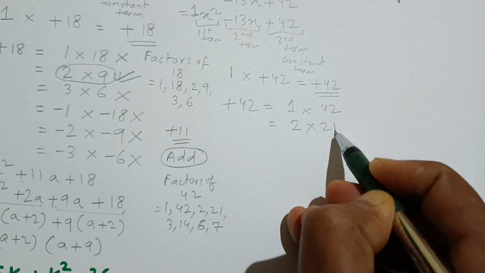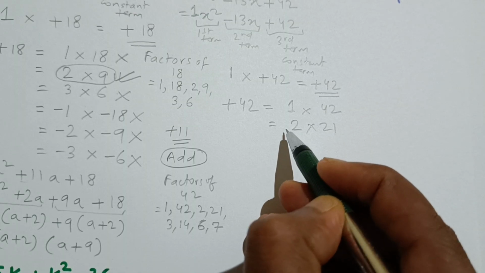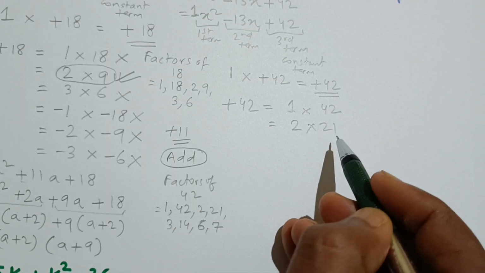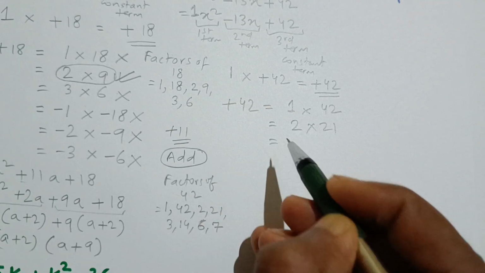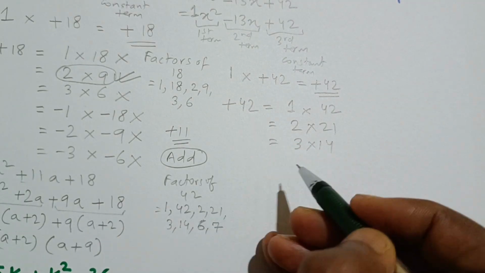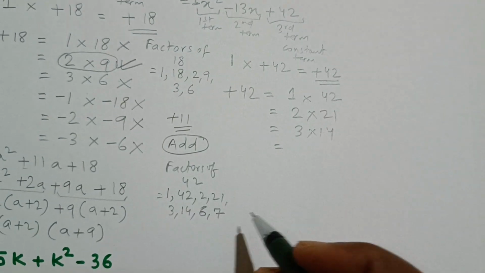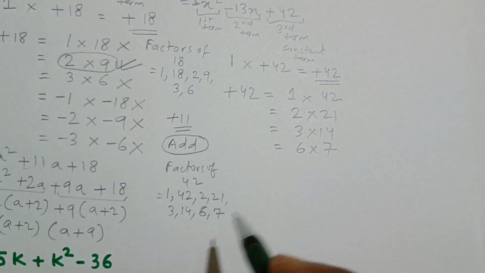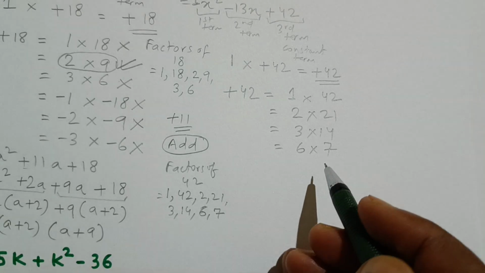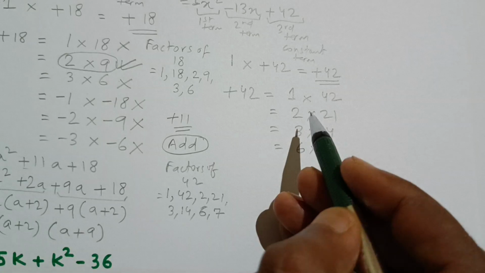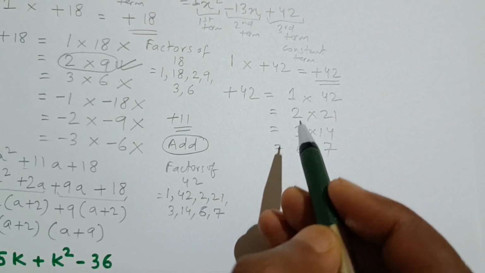Plus 2 into plus 21 is plus 42. Similarly, 3 into 14 is plus 42. And similarly, 6 into 7 is plus 42.